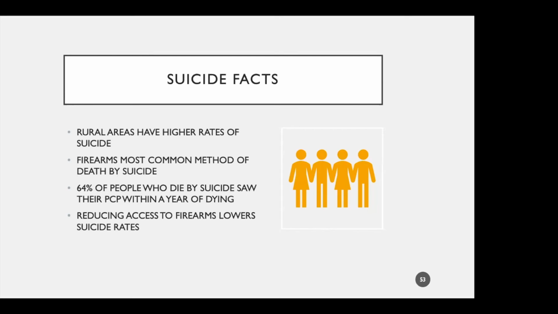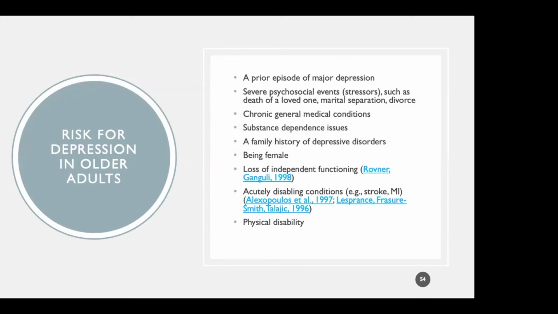So next slide. What are some risk factors for depression in older adults? You have a history of depression. You have severe psychosocial events or stressors, such as we just talked about grief, like the death of someone, marital divorce or separation. You have a medical condition, or more importantly, a recent serious illness diagnosis.